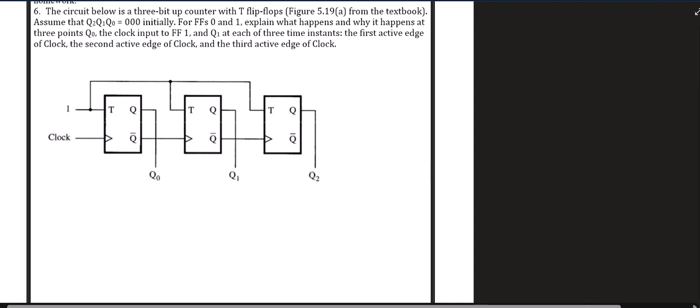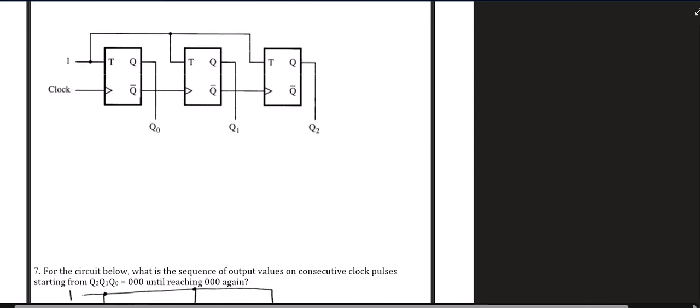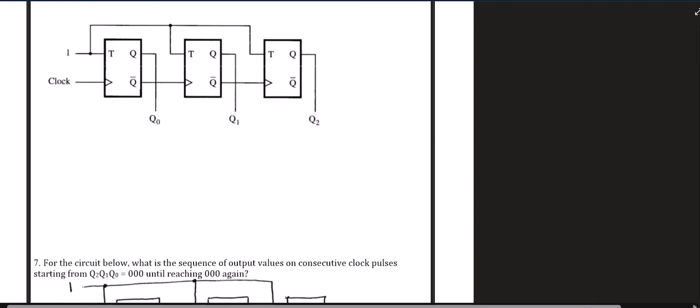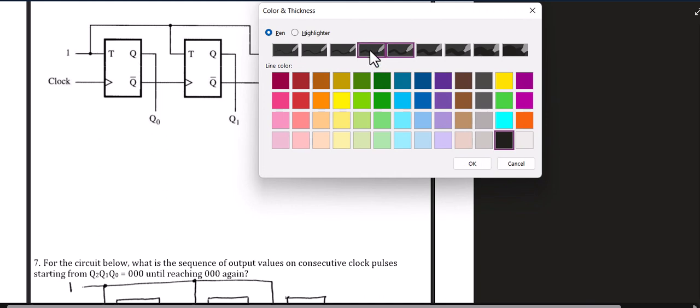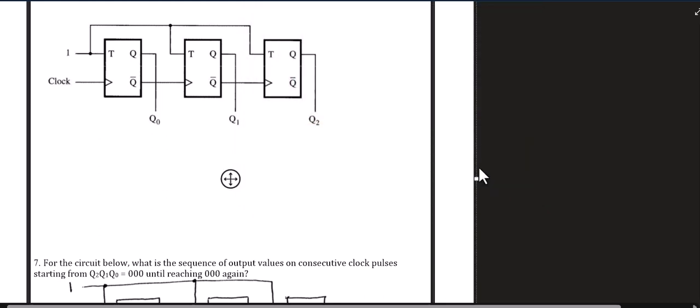Okay, so I think the easiest way to do this is to just trace what's going to happen at the clock edges. So I have Q0, Q1, and Q2.